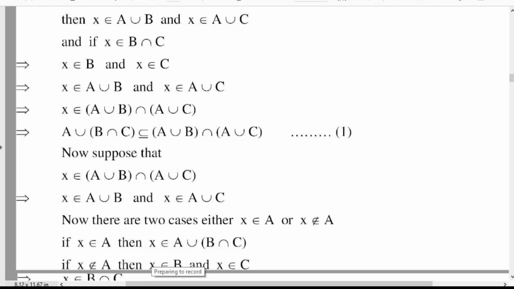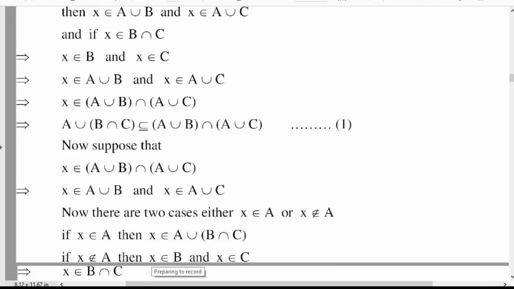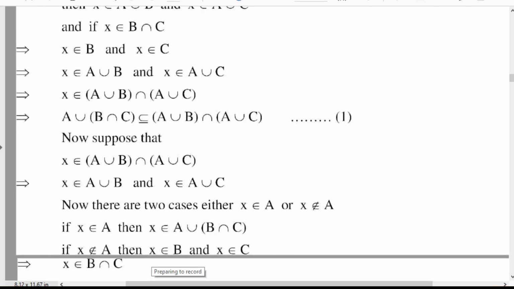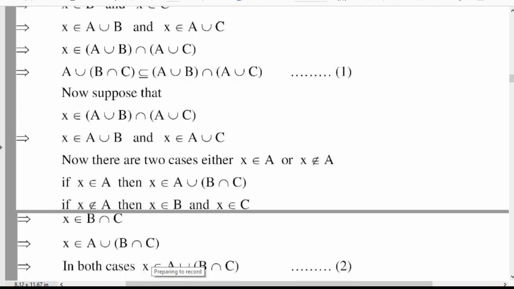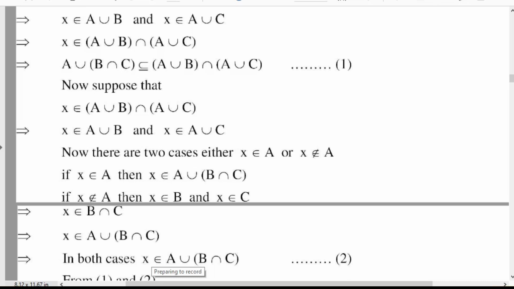If x does not belong to A, then x belongs to B and x belongs to C. So x belongs to B ∩ C, implies that x belongs to A ∪ (B ∩ C). In both cases x belongs to A ∪ (B ∩ C), that is equation number 2.